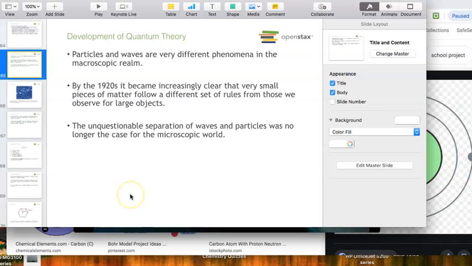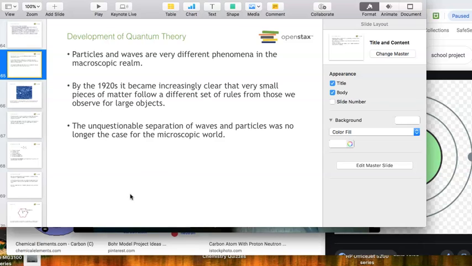All right, so particles and waves are very different phenomena in the macroscopic realm. We have a concept of what a particle is, like particles of sand, for example. We know what waves are in terms of the shape and how things can move, like water waves, for example, or light waves.